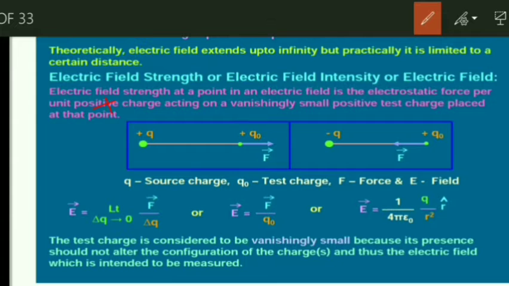As we have seen in this case, this is the region of electric field of this charge, and suppose we have a small test charge q naught, and this charge is vanishingly small, meaning it vanishes toward zero. Actually not zero, but very very small.